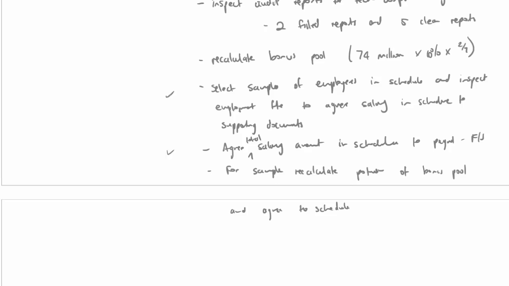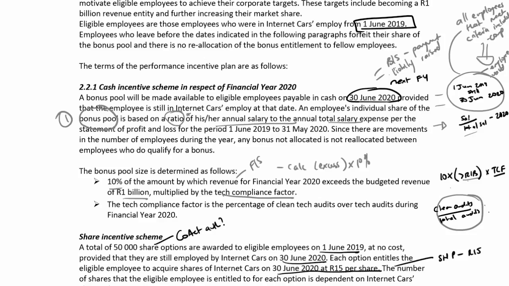I've agreed the total salaries. I've checked the bonus, so it's just simply applying that calculation. So I've tested the ratio, I've tested the bonus pool, I've tested that calculation, tested the clean audit, so that tech compliance factor, tested the employee dates, I've tested the completeness and the occurrence.